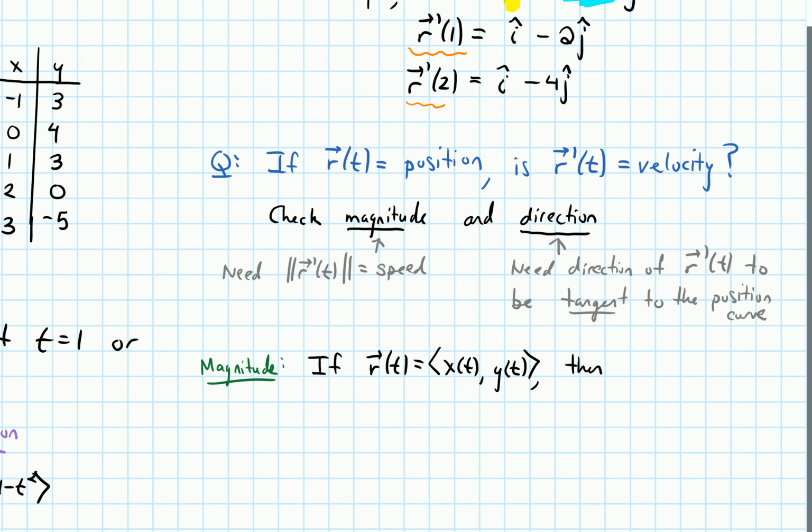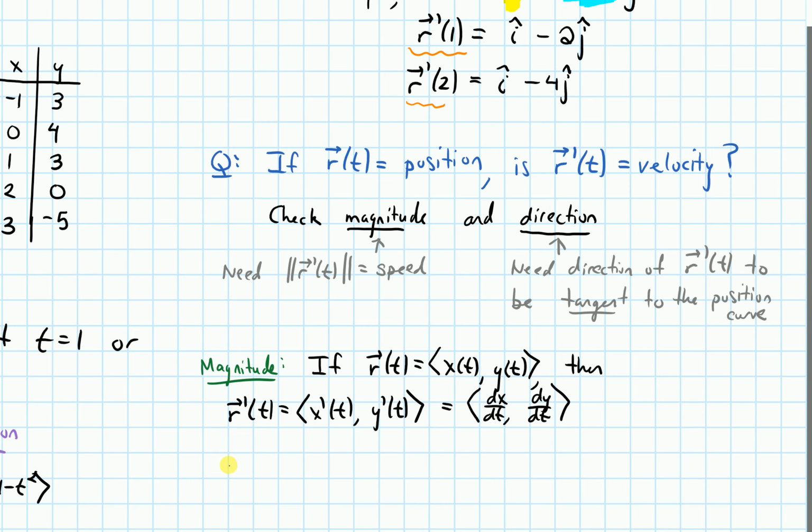Then its derivative, r prime of t, would be the vector function where I take the derivative of each component. So I'll get x prime of t comma y prime of t. Or if I wanted to, I could write that in the dx dt notation. So this is dx dt comma dy dt. I could also write it like that.